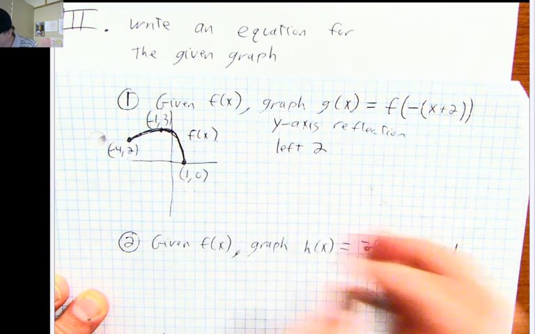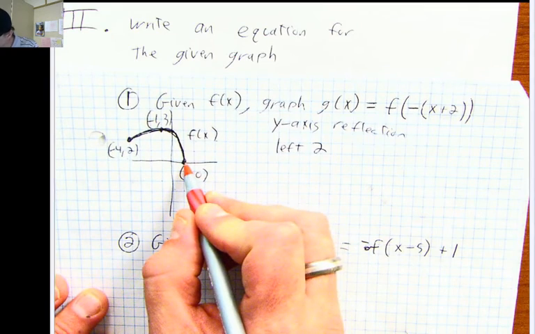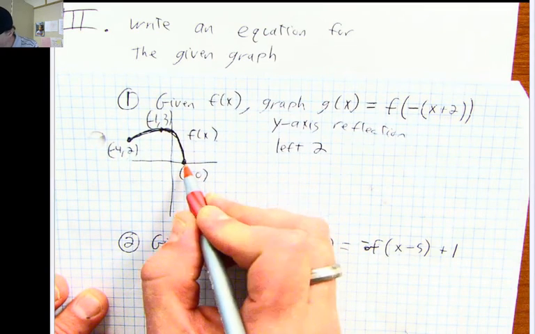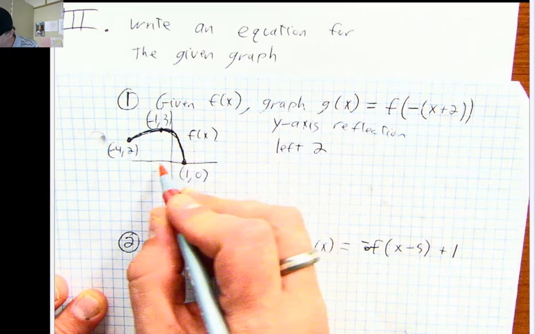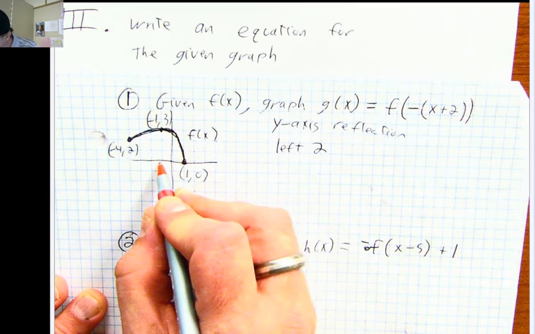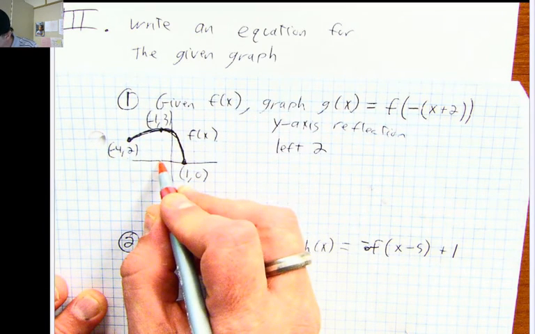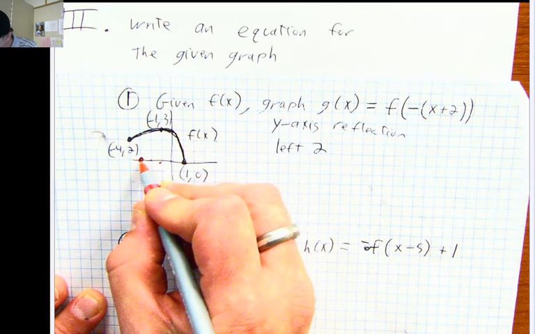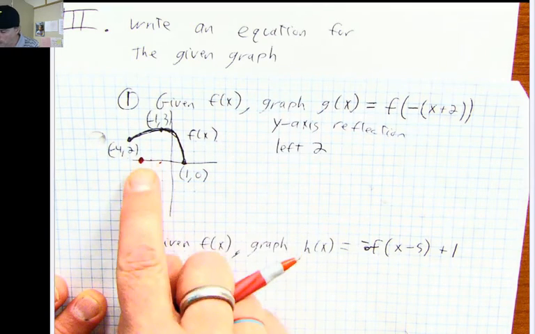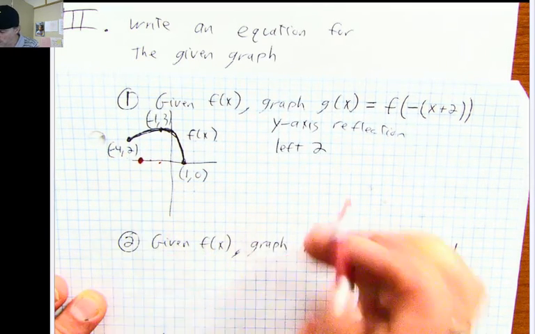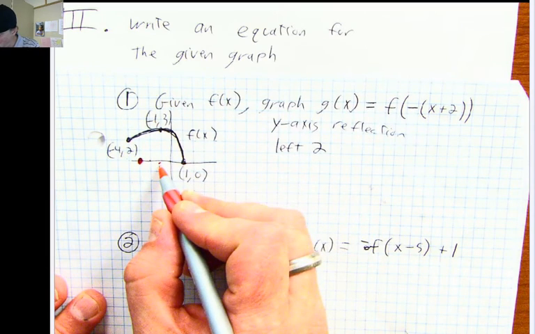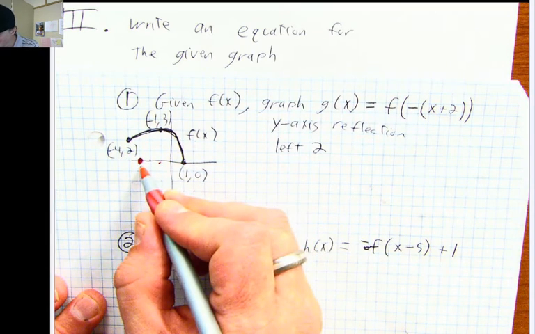I take my first coordinate, 1, 0. I reflect it over the y-axis, so it bounces over to negative 1, 0, and then I travel left 2, to negative 3, 0. So once again, I reflected over the y-axis, and then I went left 2.